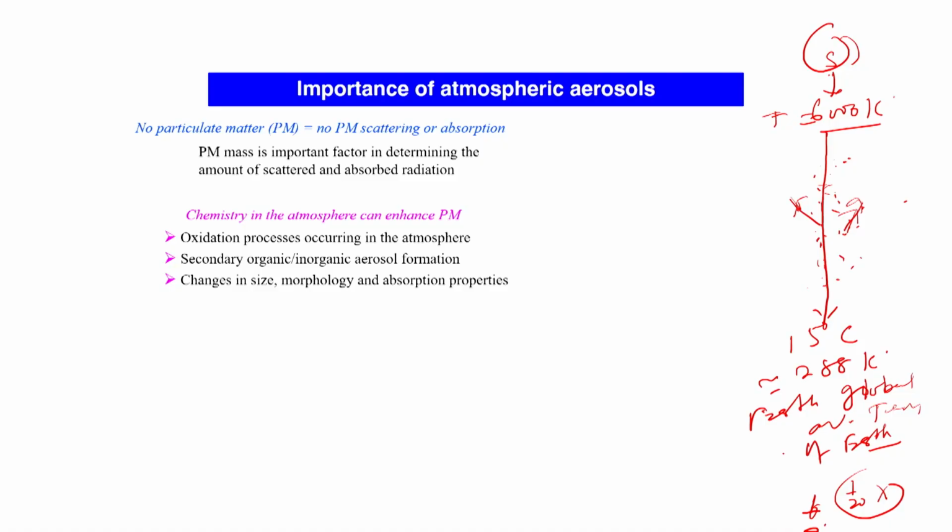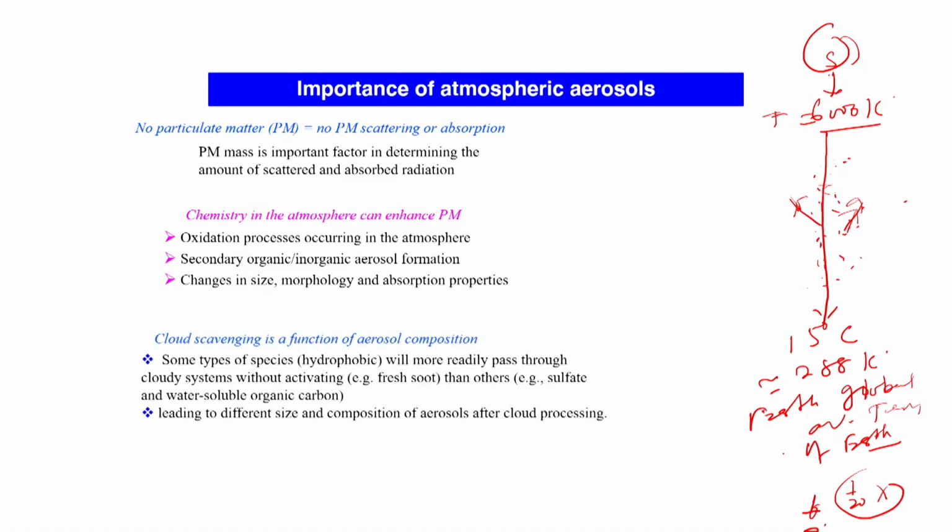Secondary aerosols are usually formed by chemical reactions of volatile organic compounds in the atmosphere through secondary processes, and they are very important. This oxidation process changes the composition of the atmosphere, and it can change the size, morphology and absorption properties of the aerosols. So this becomes a very important topic here again.